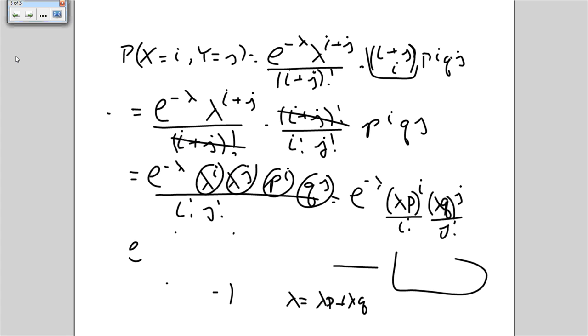We wanted to show that the probability that X equals i and Y equals j is equal to the probability that X equals i times the probability that Y equals j.